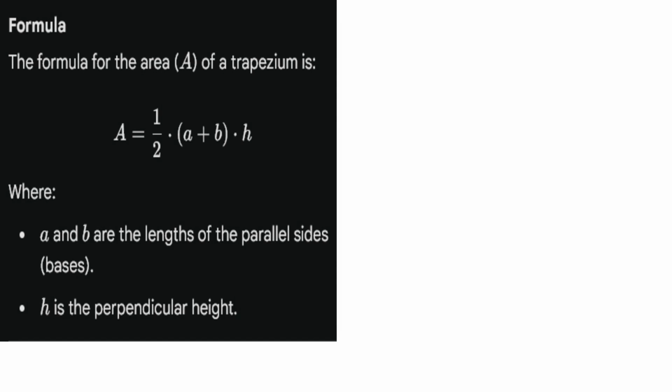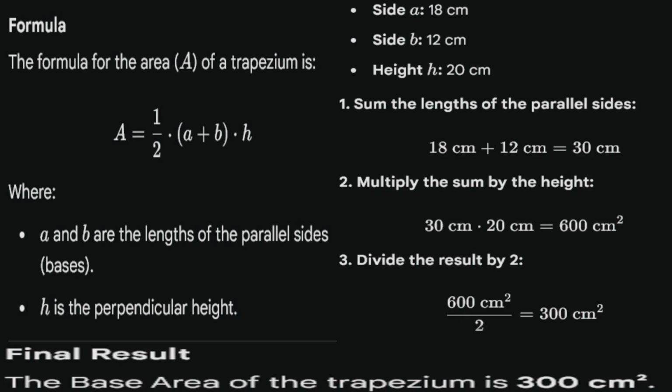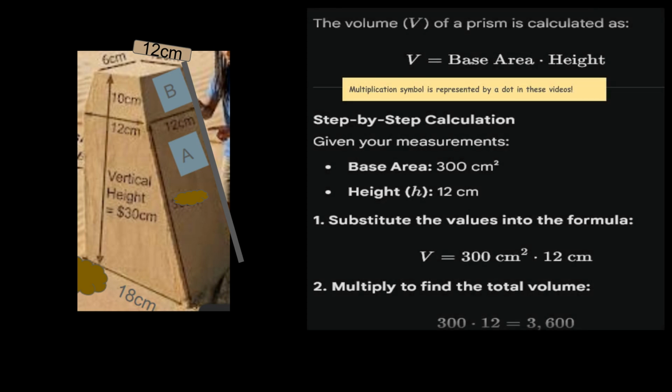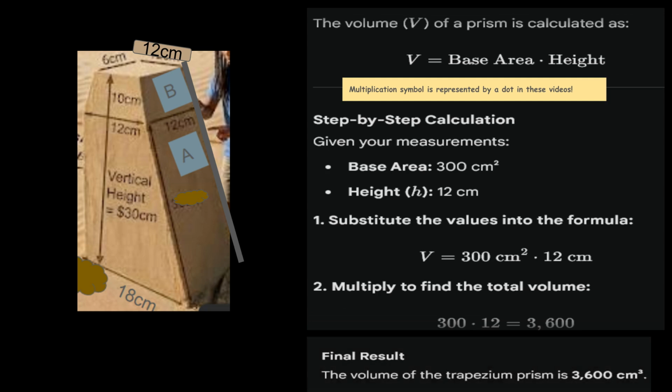First, let us calculate the base area of the prism. The trapezium has parallel sides 18 centimeters and 12 centimeters, and the height is 20 centimeters. Using the trapezium area formula for part A, base area equals 1/2 times 18 plus 12 times 20, giving 300 square centimeters. Volume equals 300 times 12, which is 3,600 cubic centimeters.